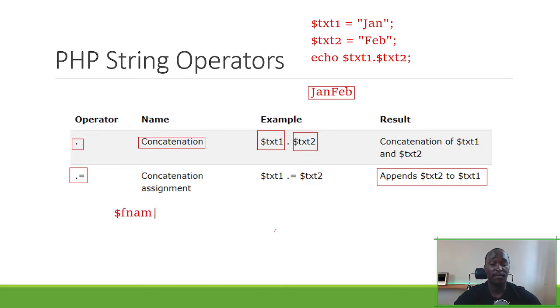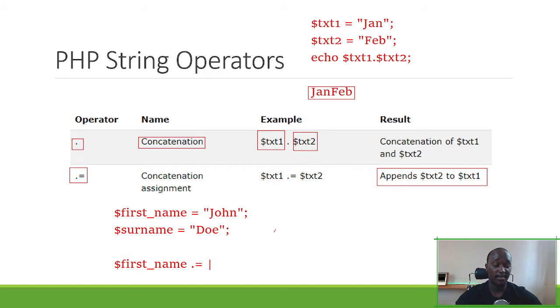For example, you have first name is equal to John, and then you have surname is equal to Doe. So you can easily append, that is join the two names, by doing fname is equal to, like that. Let's say this is not a very good example.